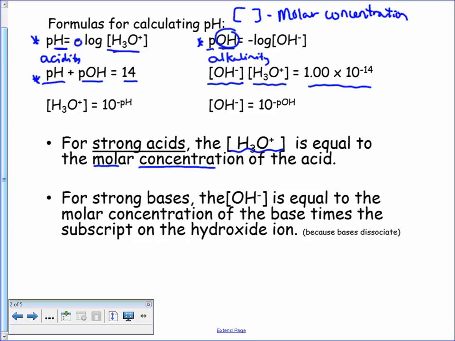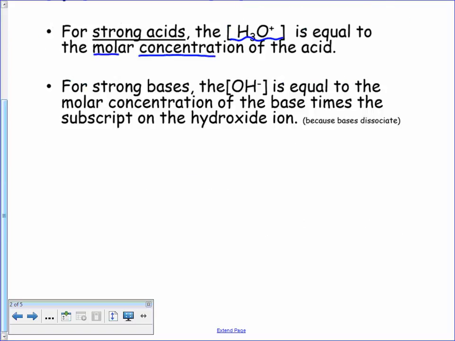If it's a base, you have to consider how many hydroxide ions are in that base. A strong base is a hydroxide from family 1A or 2A. If you have a hydroxide of family 2A, for example, calcium hydroxide, this compound will dissociate much like a salt does.